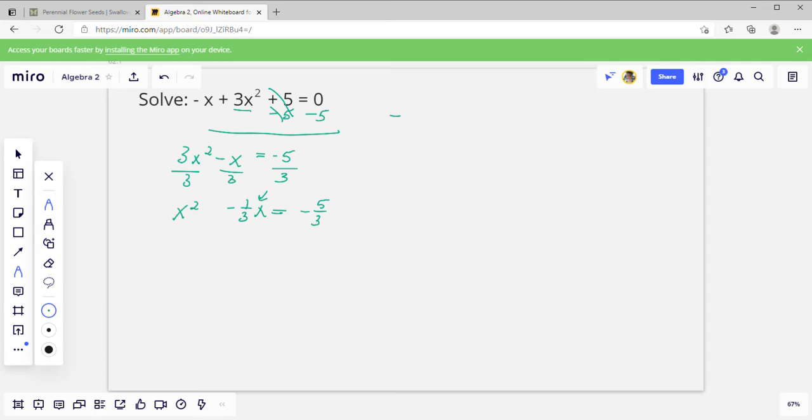Okay, now to solve these, we're going to take this x term and multiply it times 1/2. So negative 1/3 times 1/2 is negative 1/6. And then we square it, so we multiply it times itself, and we get 1/36. And then we're going to add that to both sides.